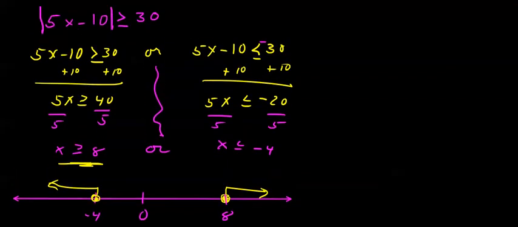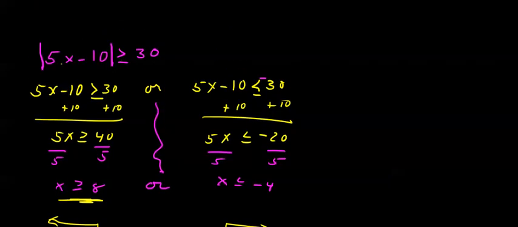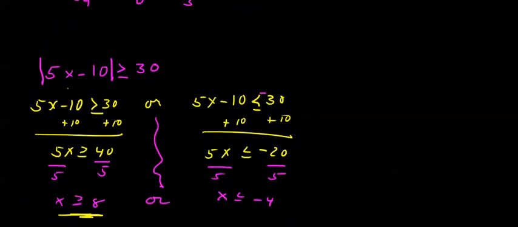So, if we look at this, numbers like 9, if you were to check it, 9 times 5 is 45, minus 10 is 35, definitely bigger. And if I put in negative 5, negative 5 times 5 is negative 25, minus 10 is negative 35, absolute value is 35, definitely bigger.